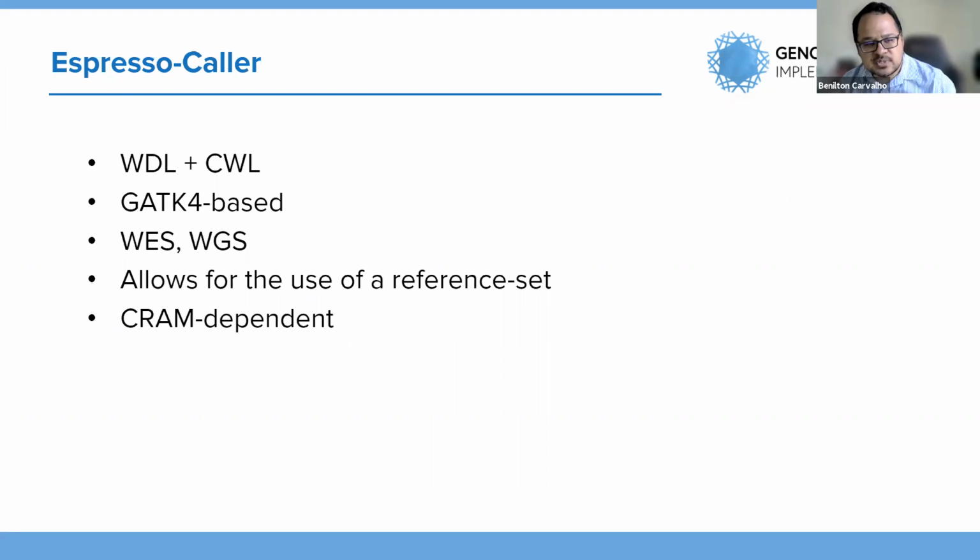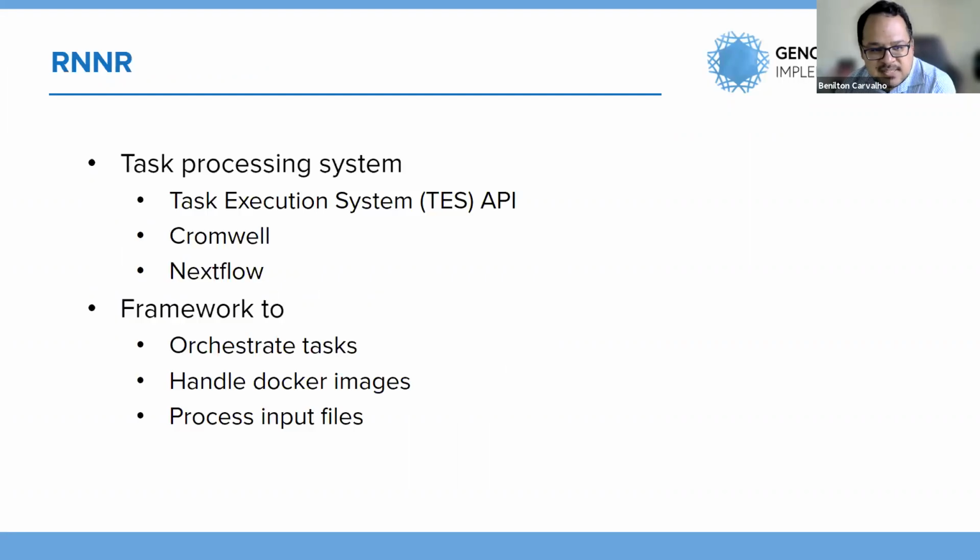It works on whole genome and whole exome, and it allows something quite important, which is the use of a reference set in order to improve statistical power for genotype calling on additional subjects. This is something that is CRAM dependent, so that's a big step for us. Storage here is not something trivial, and the CRAM format helped us a lot.